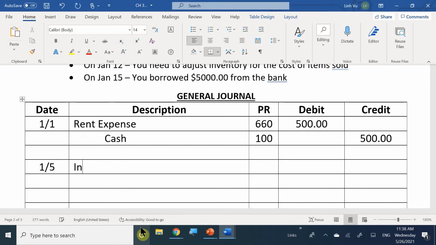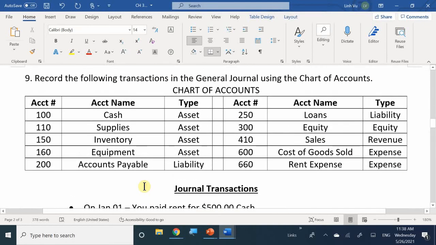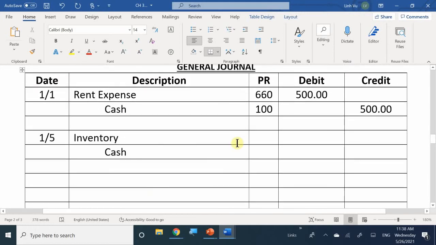Perfect. Then that should definitely go first because we are increasing an asset. But we also are going to recognize that we spent money in order to acquire this asset. So here inventory is what account number? 150. 150. Good.